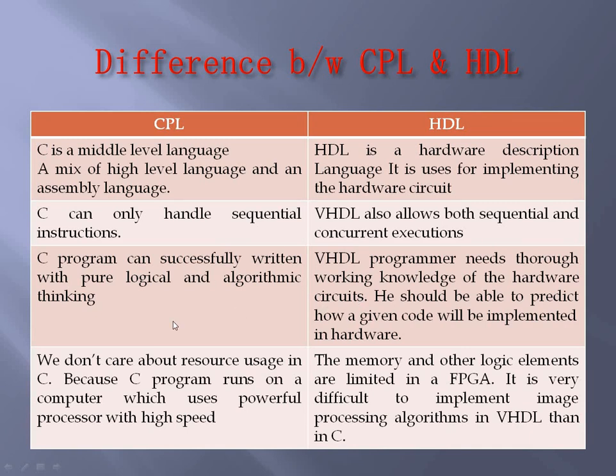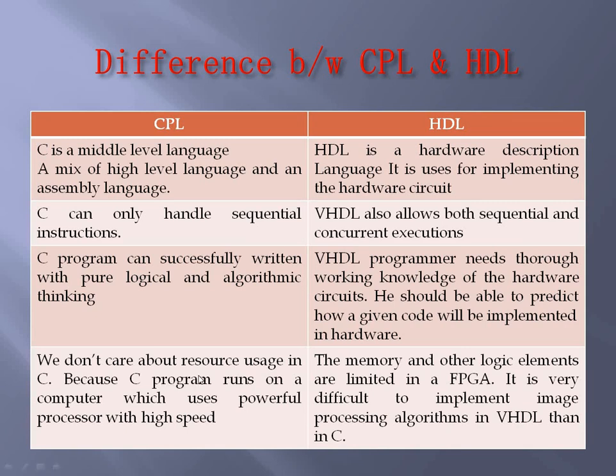You can see here that nowhere are you thinking about the hardware in C programming, but here we need thorough working knowledge of the hardware circuit. He or she should be able to predict how a given code will be implemented in hardware. Then we can use this hardware description language.